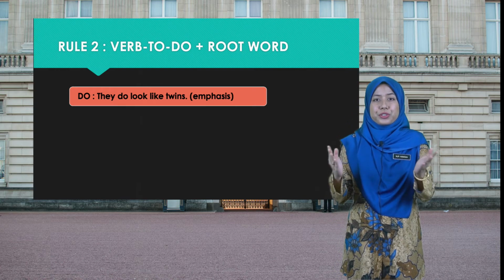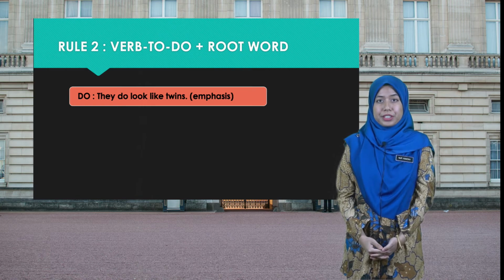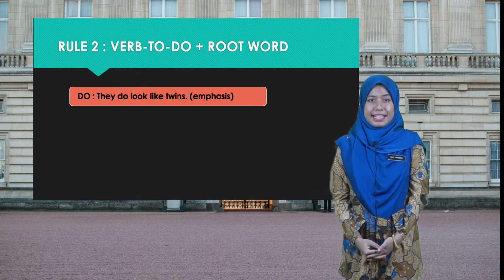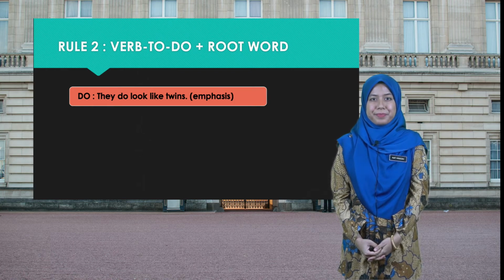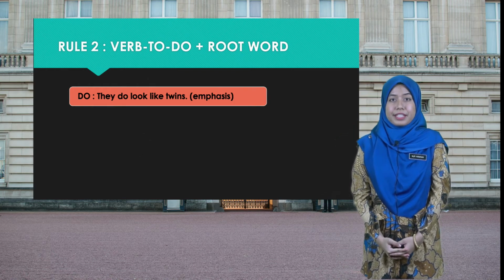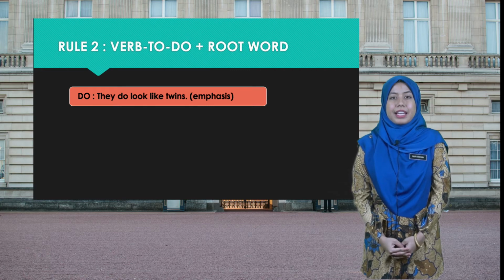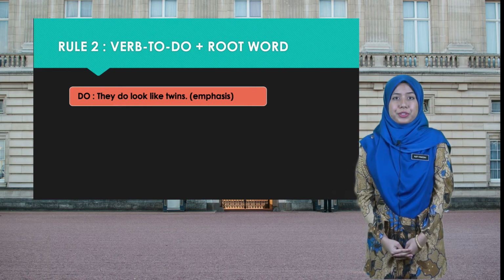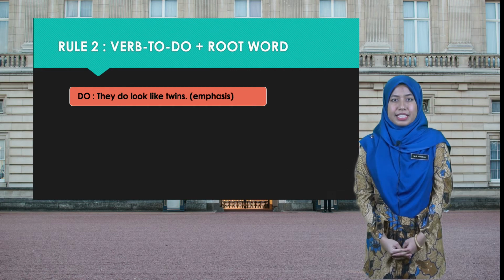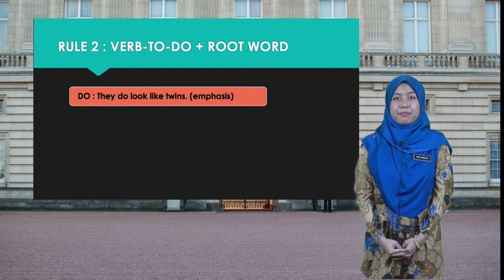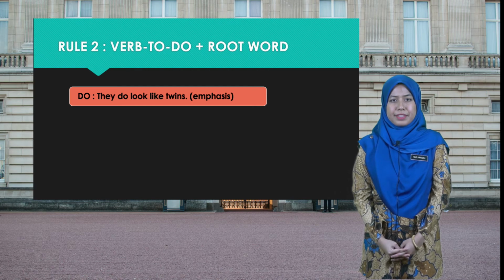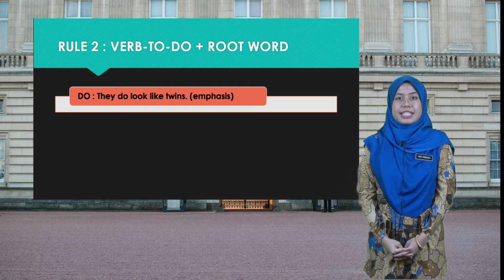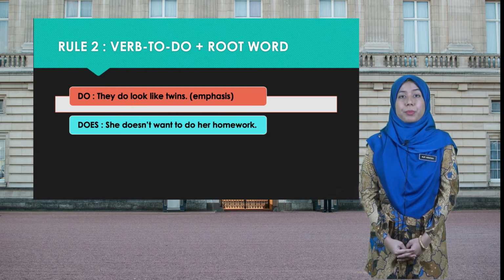Yes, there are do for present tense plural, does for present tense singular, and did for past tense. Let's take a look at the examples. Example 1. They do look like twins. The use of do here is to emphasize the fact that they look like twins. Second example, she doesn't want to go to the shopping mall.